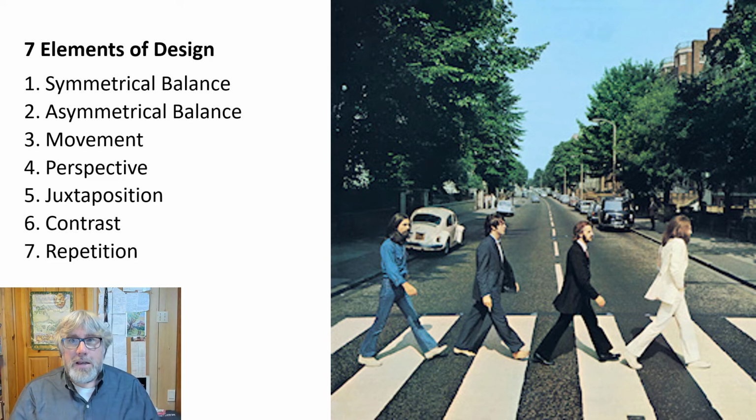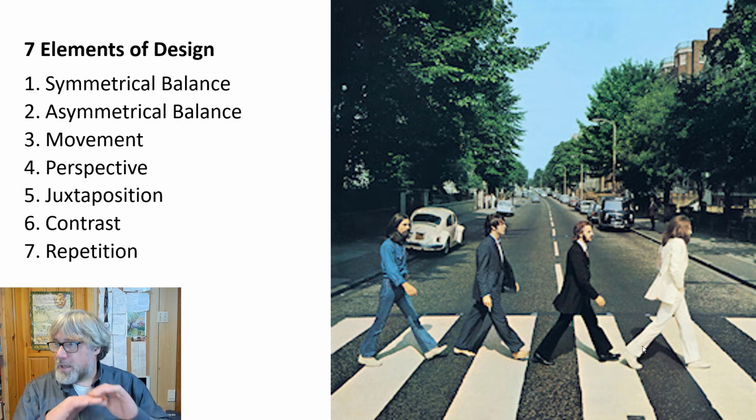However, is it symmetrical or asymmetrical? Well, the four Beatles walking, in one sense, they're all following a pattern, but there's actually asymmetry. Here we have bare feet, a cigarette, long hair versus shorter hair, beards, different kinds of clothing.